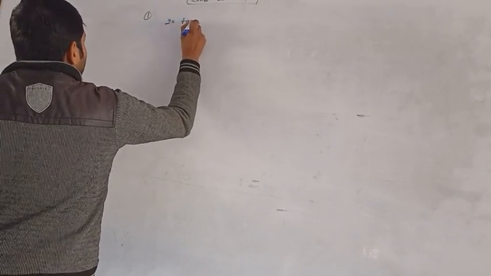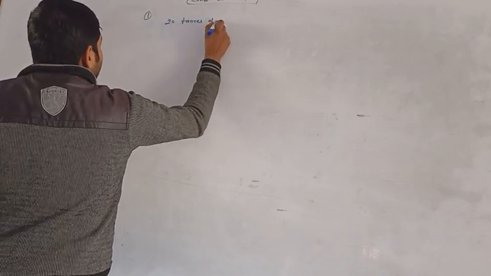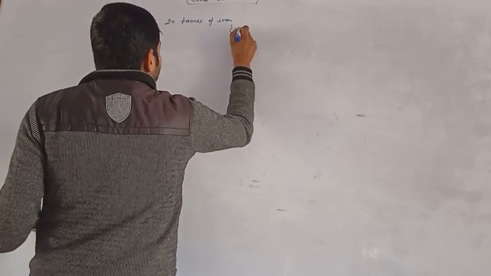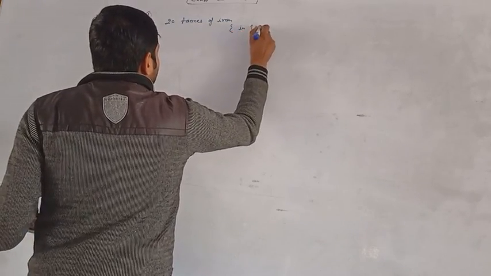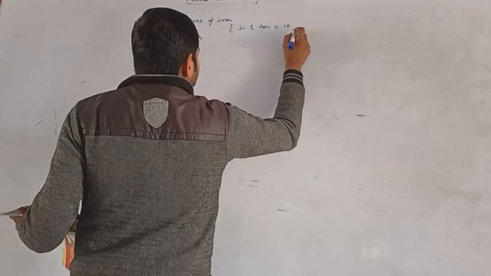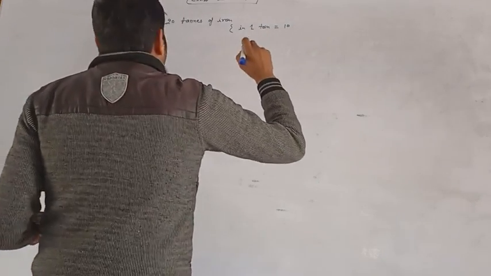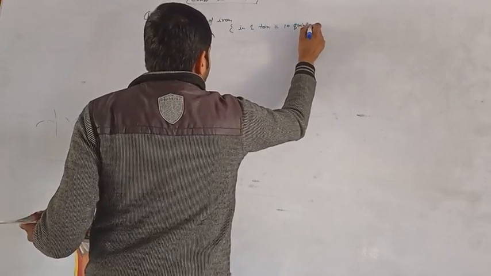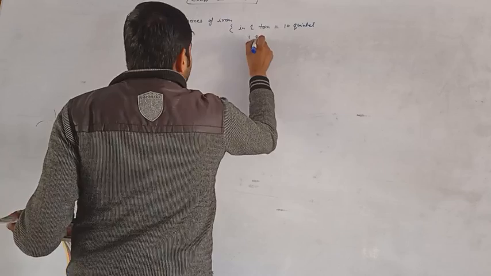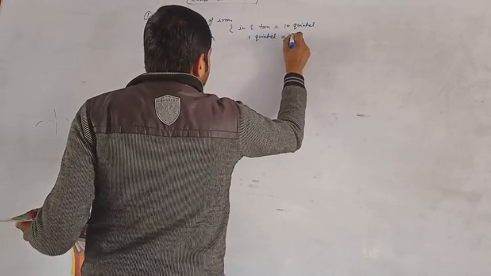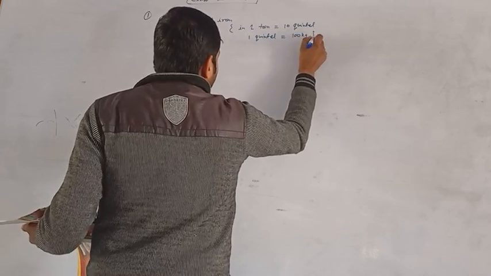So we know that 1 ton is equal to 10 quintal, and 1 quintal is equal to 1000 kilogram.